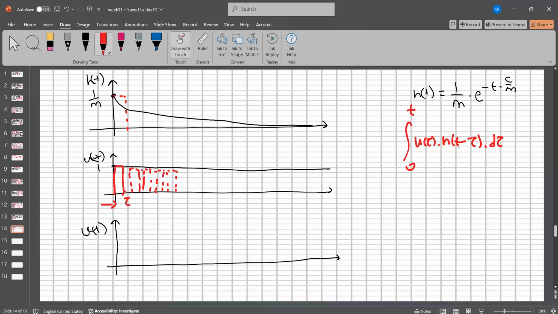At this integral we move this rectangle to the right hand side. In the first place we don't have any matching here. This area does not match these things, and so the initial value of the v(t) equals 0, right?